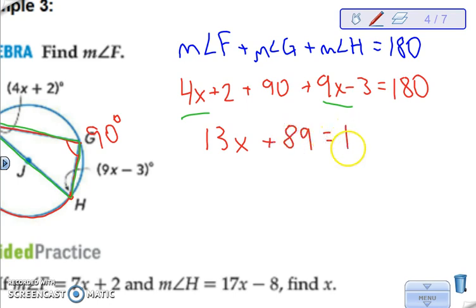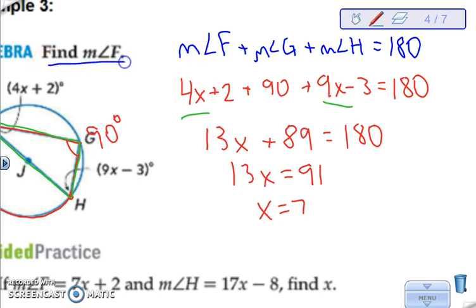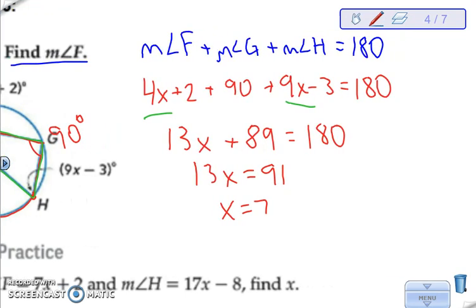Combine our like terms, solve the equation. And since we are looking for the value of angle F, we can just substitute our x back into our formula and get the answer.